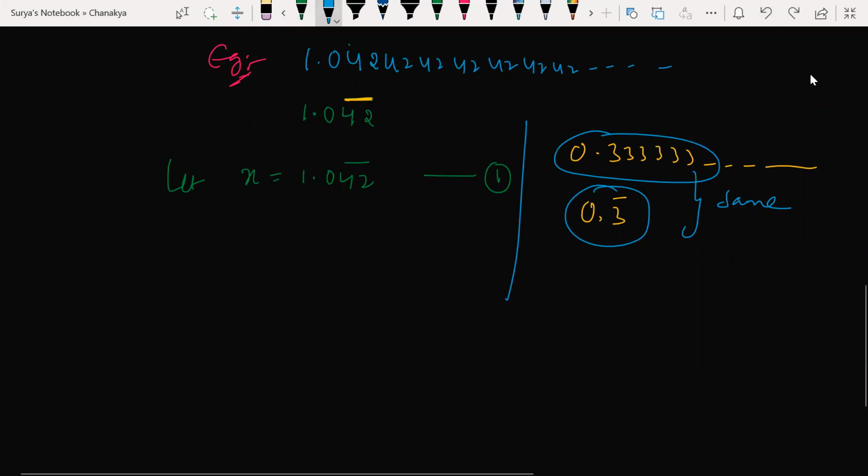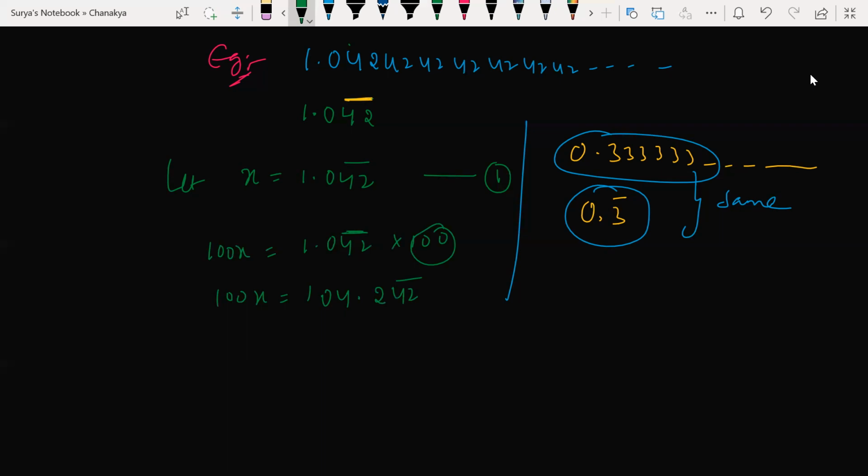So we'll be multiplying: 100x is equal to, if I multiply 1.42 bar into 100 on both sides, it becomes 100x is equal to 104.242 bar. Isn't it? By multiplying by 100, the decimal moves forward two places. Hope you know this. So this is my second equation.